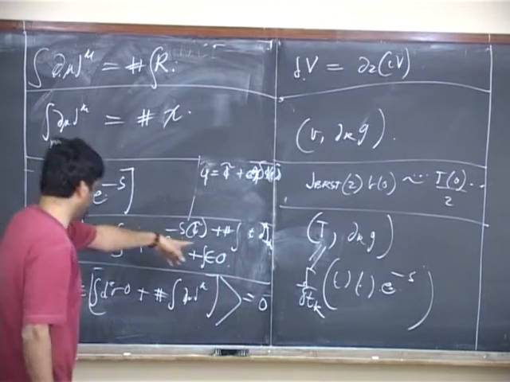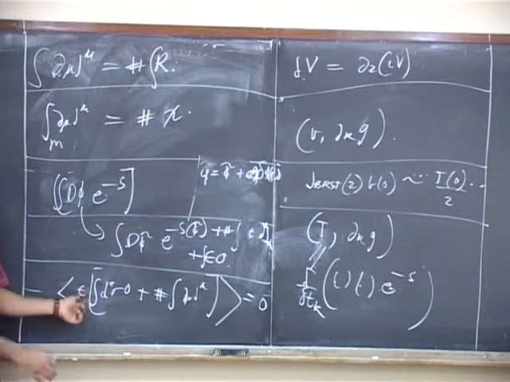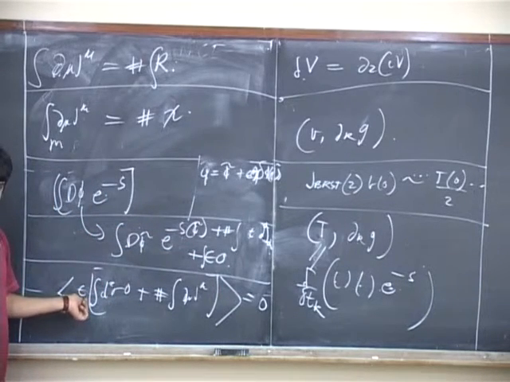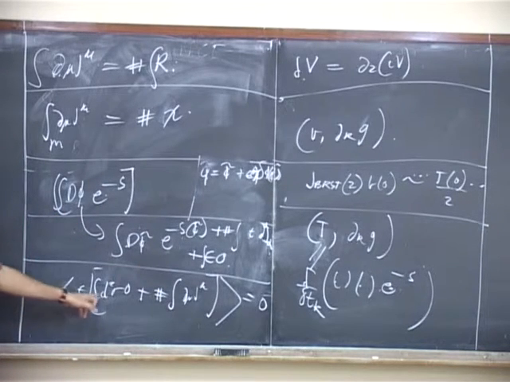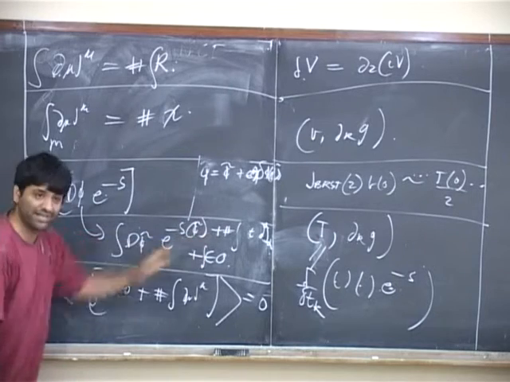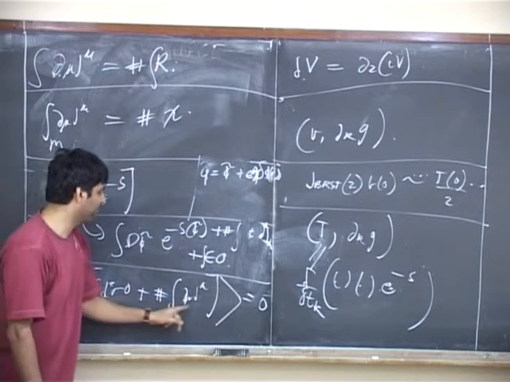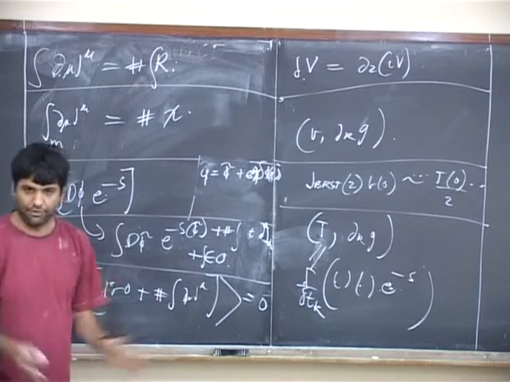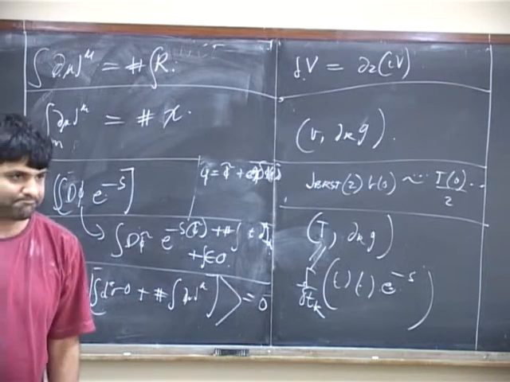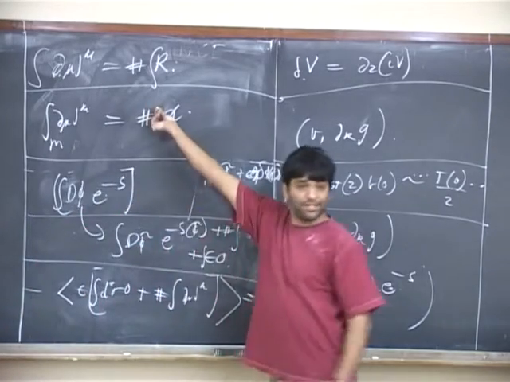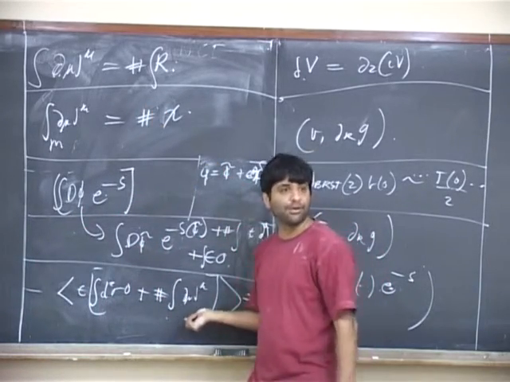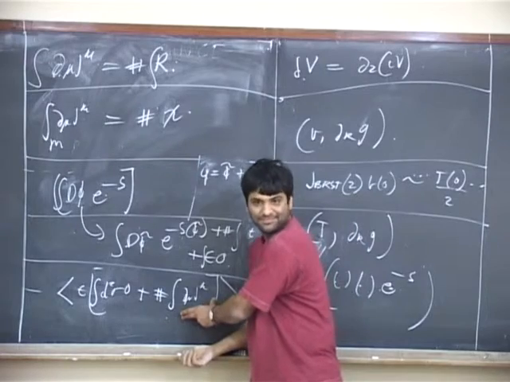However, we derive some other equation, and in particular, if we choose epsilon to be a constant over the manifold, we find that the integral over this other object, whatever it is, plus the integral of del mu j mu over the manifold is equal to 0. But in our situation here, we know what the integral of del mu j mu in this path integral is.